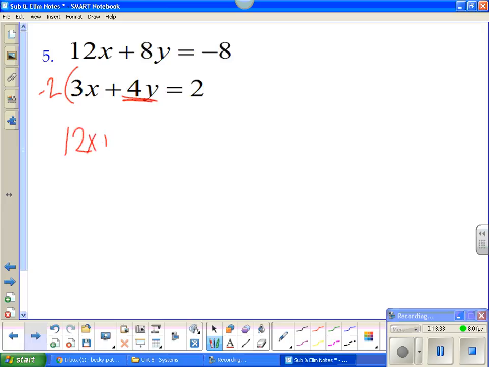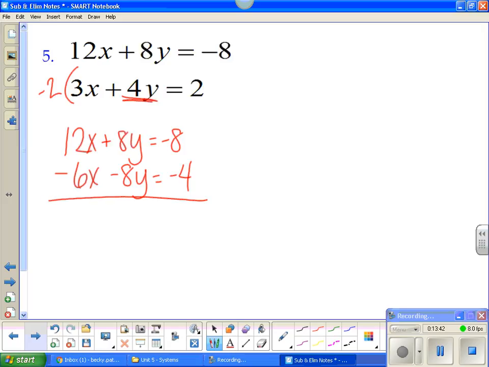So 12x plus 8y equals negative 8. And negative 6x minus 8y equals negative 4. Those cancel. 6x equals negative 12. X equals negative 2. I can plug it here or here.